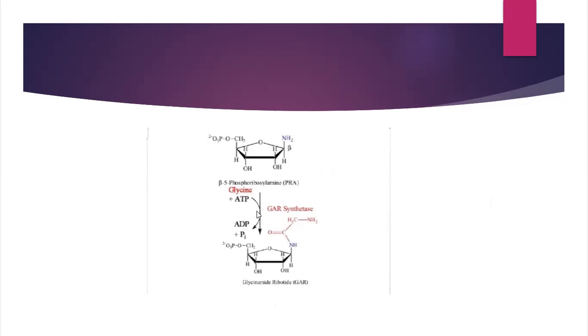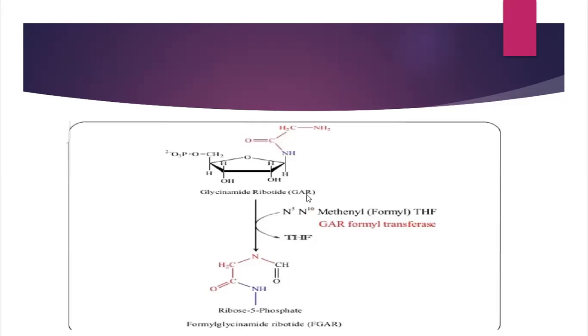Here the glycine is converted with Pi, and ATP is converted into ADP, adenosine diphosphate. Then the GAR is converted into FGAR, formylglycinamide ribotide, and the enzyme that is responsible for the conversion is GAR formyl transferase.